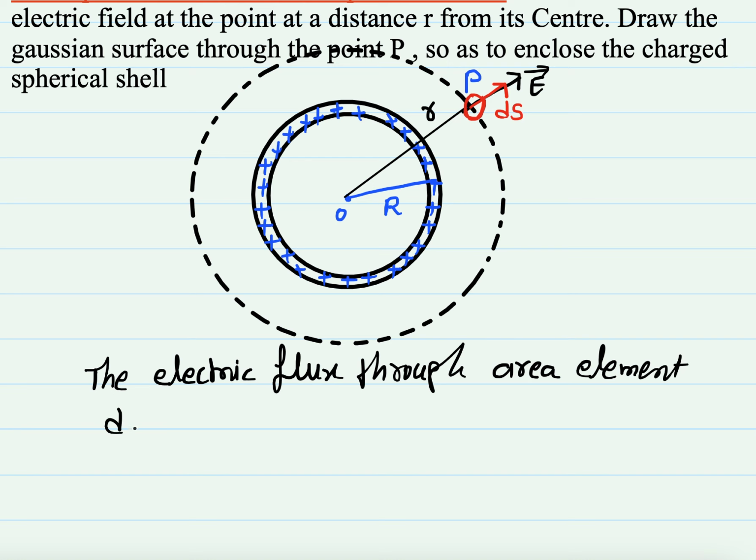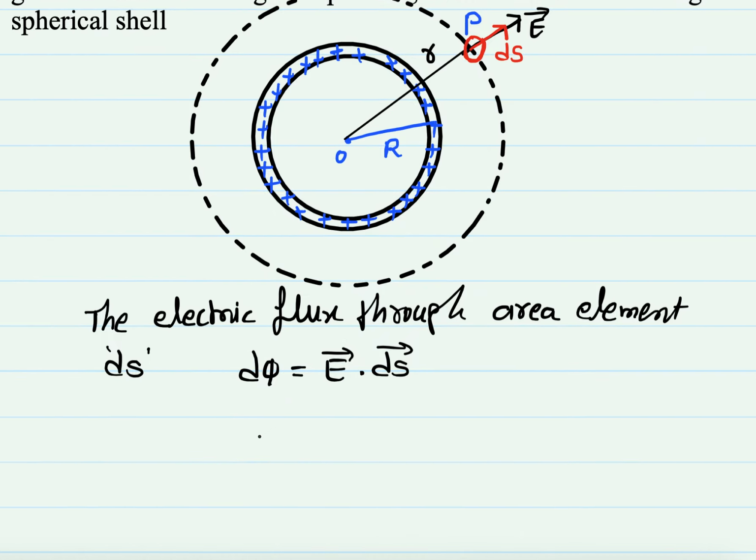For the area element dS, d phi is equal to electric field vector dot area vector. Now what is the total flux through the Gaussian surface?